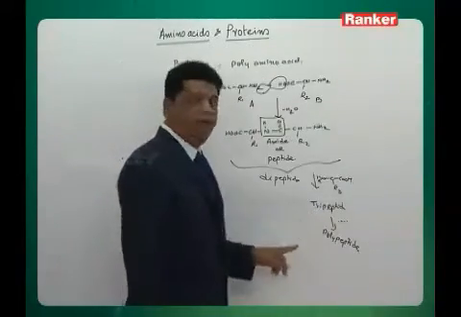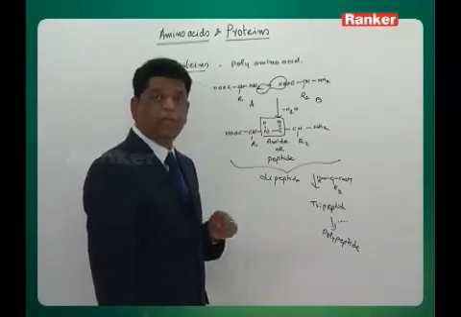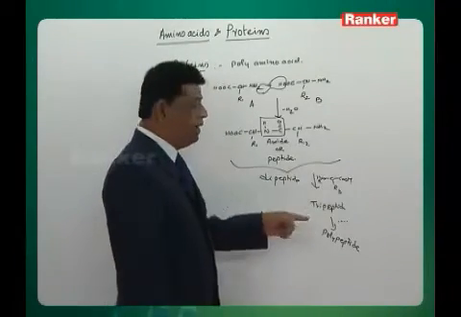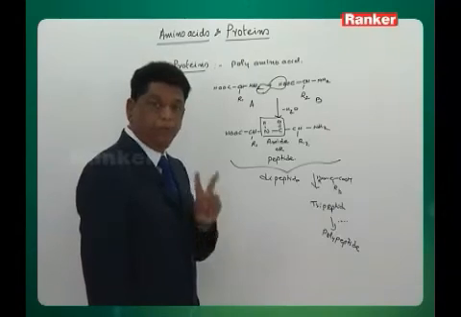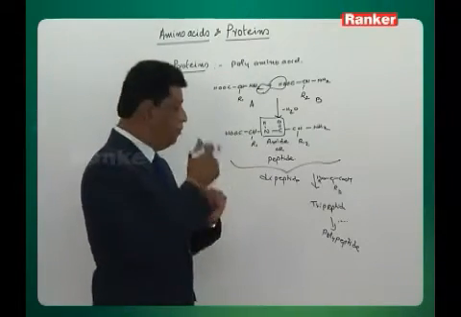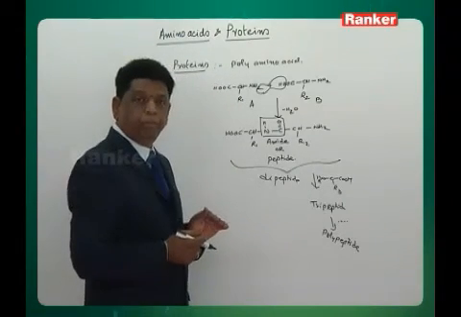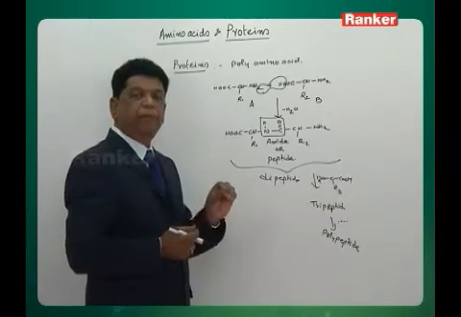A tripeptide will have 3 amino acids. The tri refers to the amino acids, not the peptide bonds. A tripeptide will have how many peptide bonds? Only 2. 3 amino acids are joined, the junctions will be only 2. Similarly, a hexapeptide will contain 5 peptide bonds.